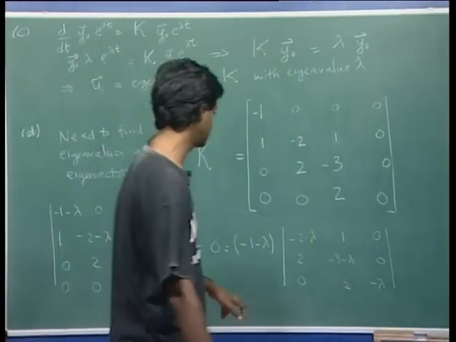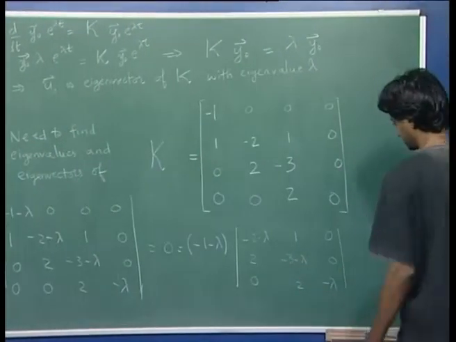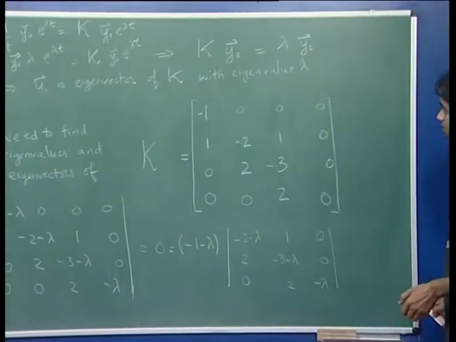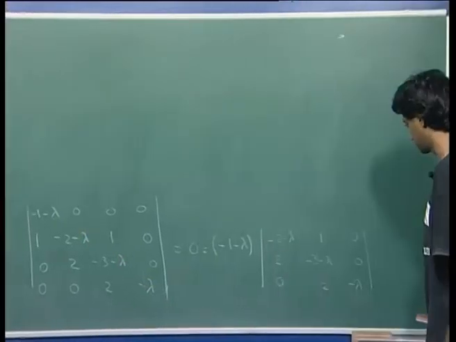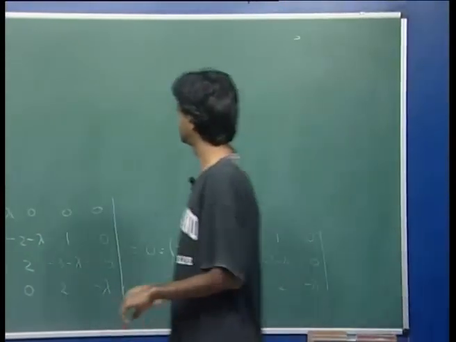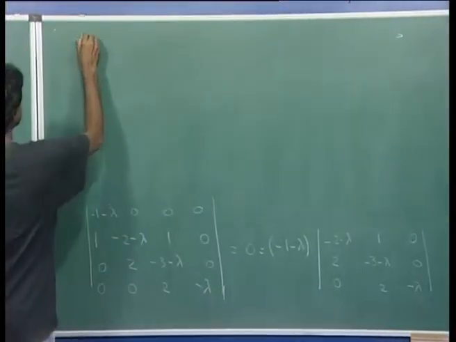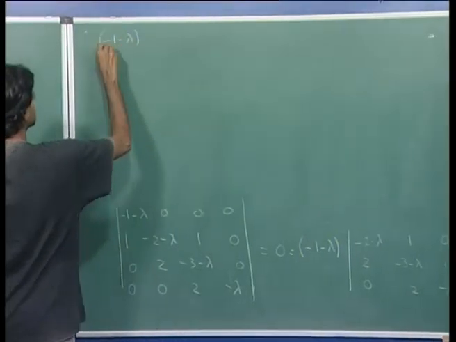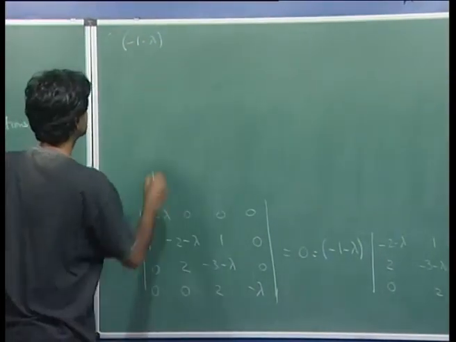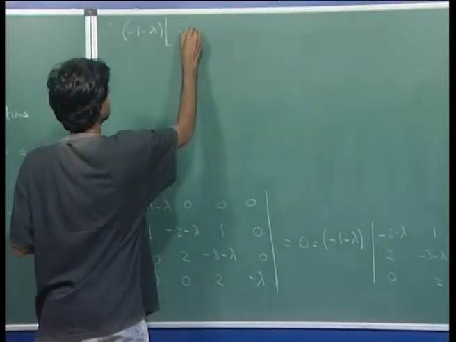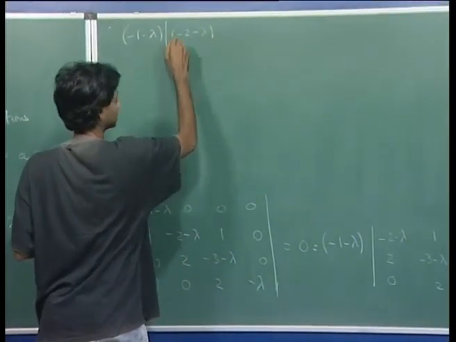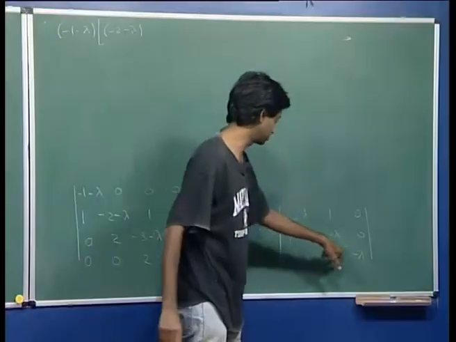So if we go ahead and work out all the details, we will get the following solution. When we set this to 0, what we will get is minus 1 minus lambda times minus 2 minus lambda times the product of these two.